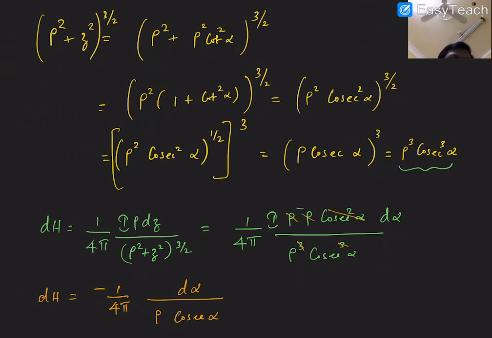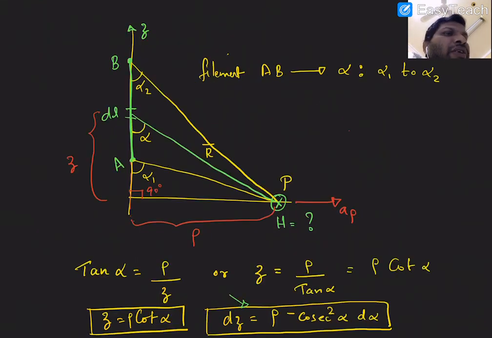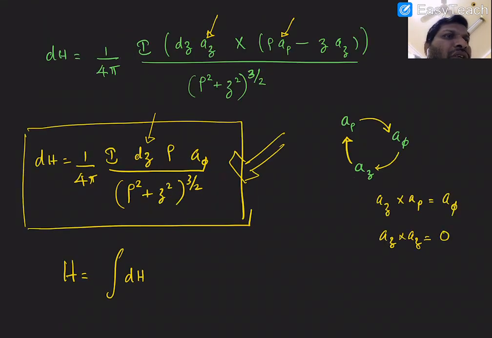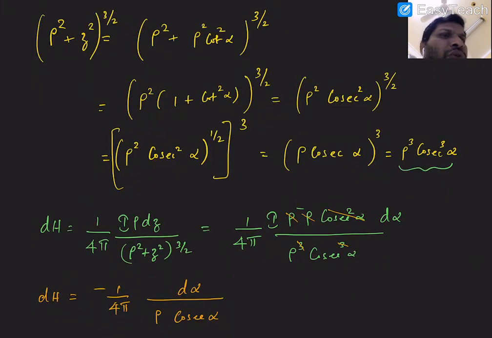This is the final term. But one more thing will be there. There is a phi, I didn't write it here, so a phi also will come. I hope this part is clear to you.